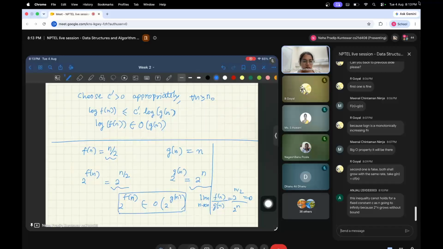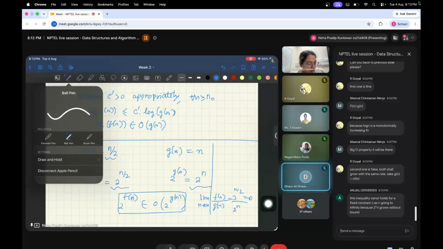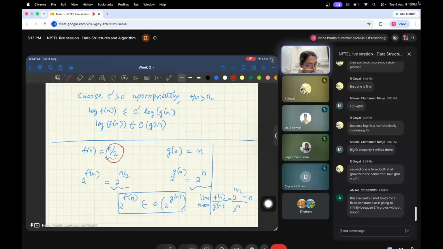But if I were to think of f of n as 2n and g of n as n only, then what you will get is f of n is little omega of g of n. By the same idea, if you look at the limits, you will again get a 0, because 2 to the n by 2 to the 2n will become 0 eventually.